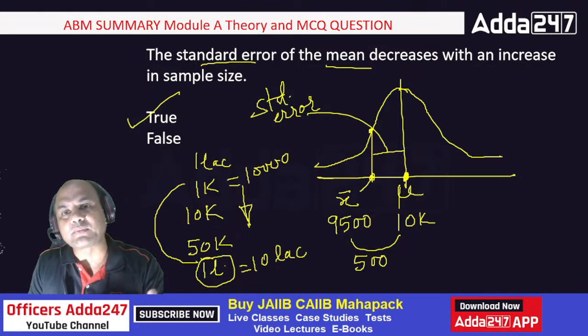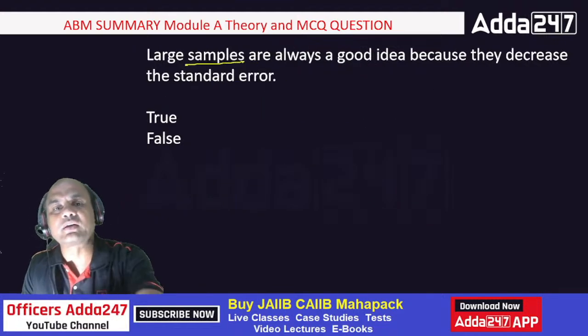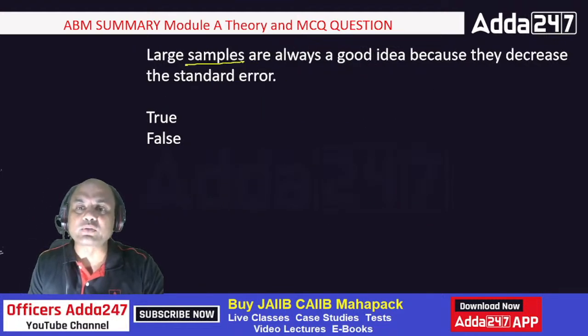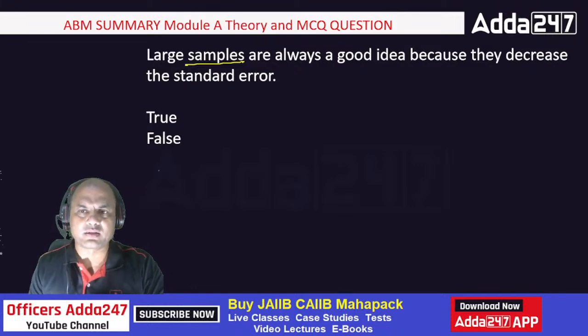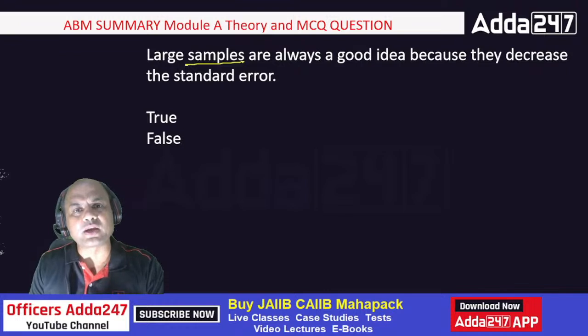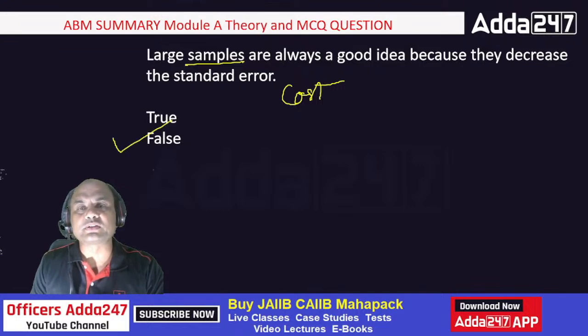And what accuracy am I getting? Just 500 difference. So are large samples always a good idea? No. If the change between the sample mean and population mean is not too great, then it's not a good idea to have large samples, because cost is very important here. So that's why the answer is false. Okay.